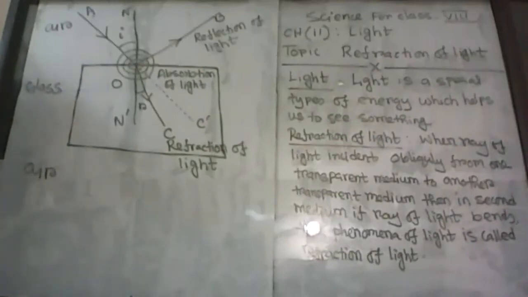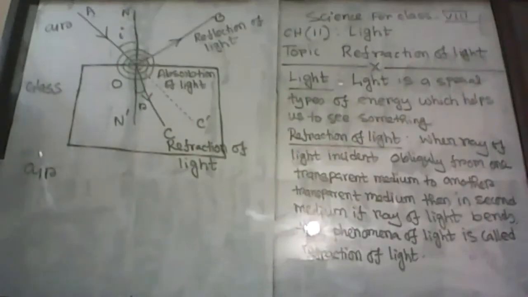Suppose the density of air medium and water medium are not the same. The density of water medium and glass medium is also not the same. That's why, because of the variation of this density, when a ray of light passes from one medium to another medium, the ray of light bends.